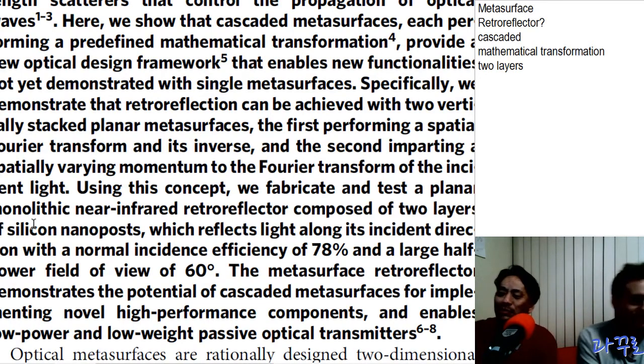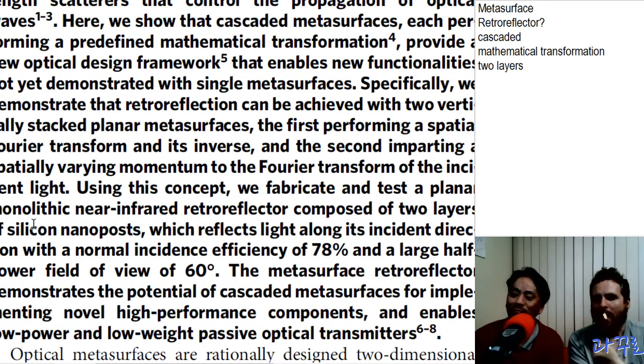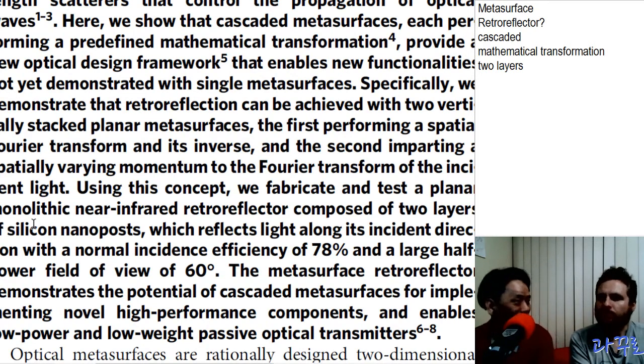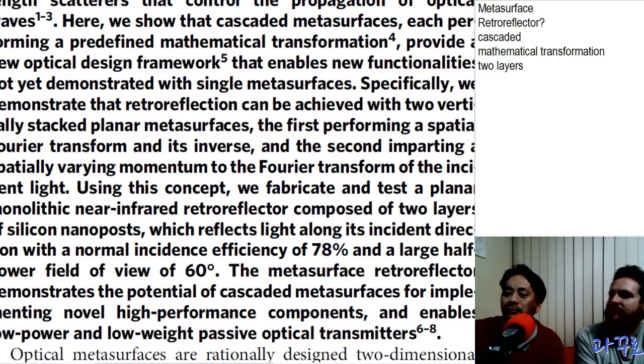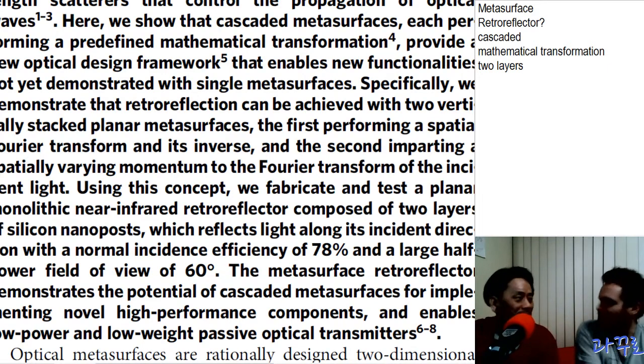So this 78% is something they're probably not very proud of, but the 60 degrees is something they want to show. It's nothing to sneeze at to get a device that gets 78% reflection and has this functionality. Right, because a standard mirror has no additional functionality. So it's still pretty impressive.